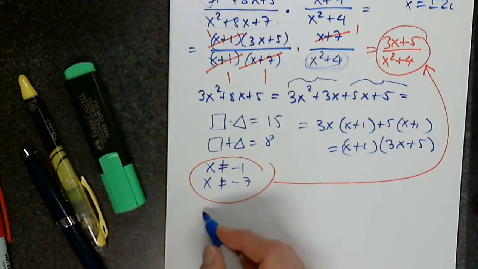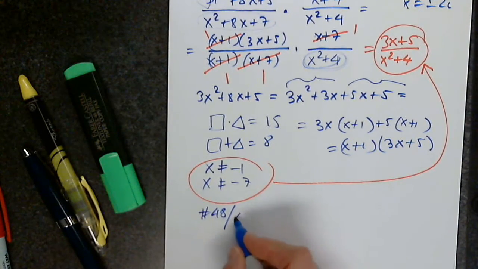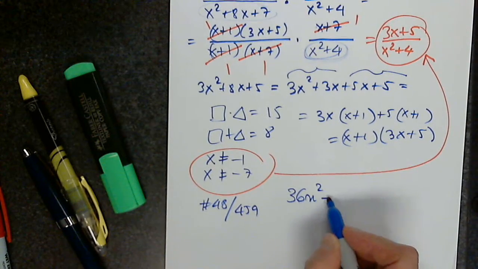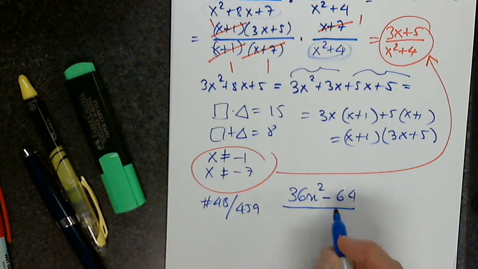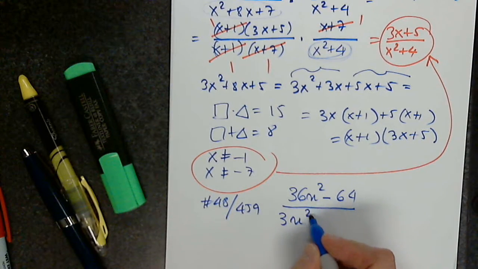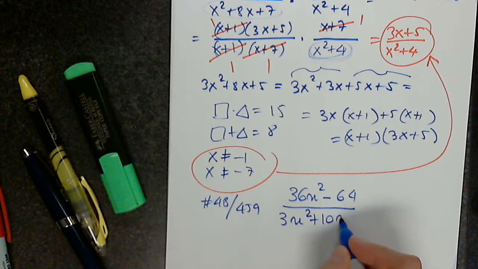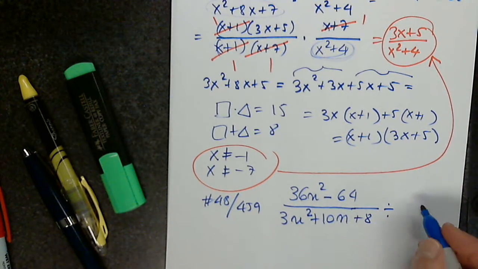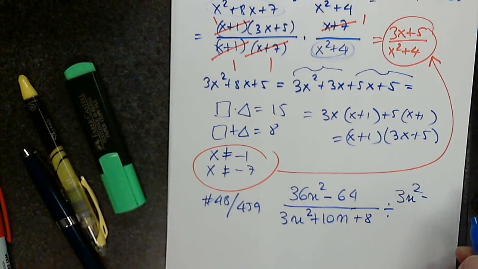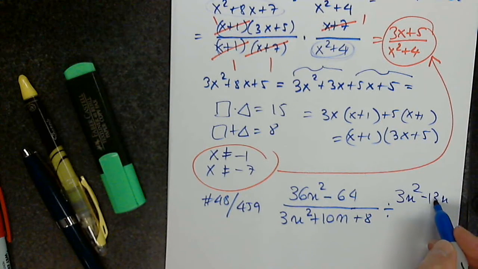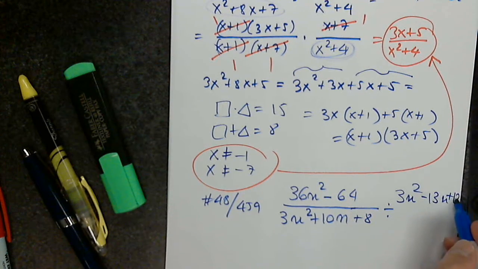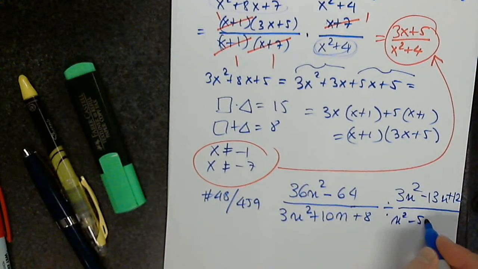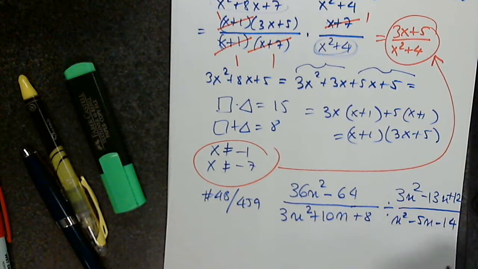Okay, let's do 48 on the same page, 459. 36n squared minus 64 divided by 3n squared plus 10n plus 8, and divide that by 3n squared minus 13n plus 12, everything over n squared minus 5n minus 14.